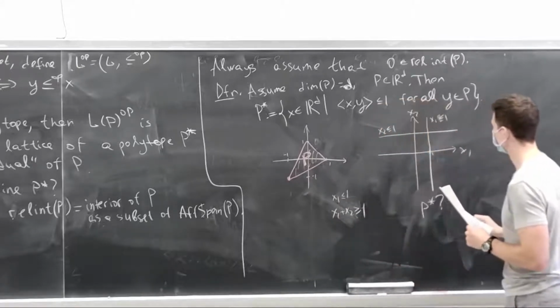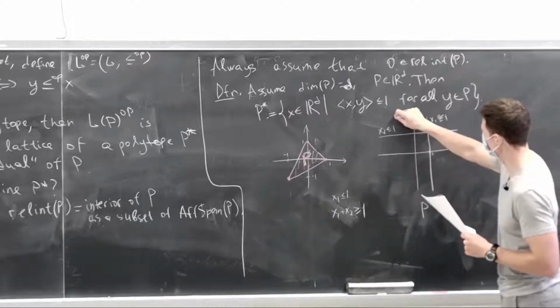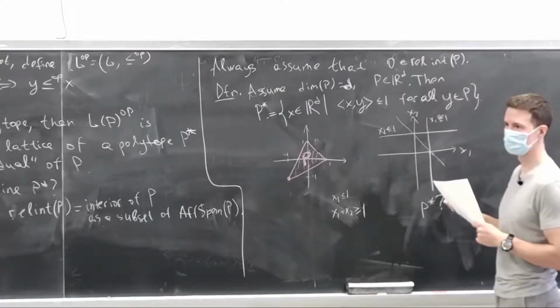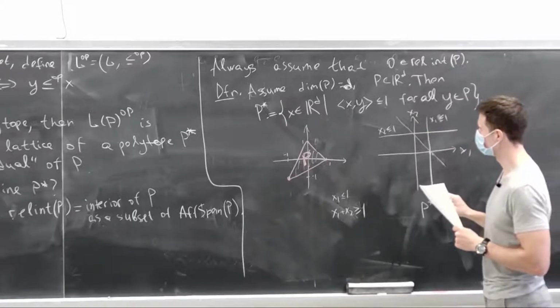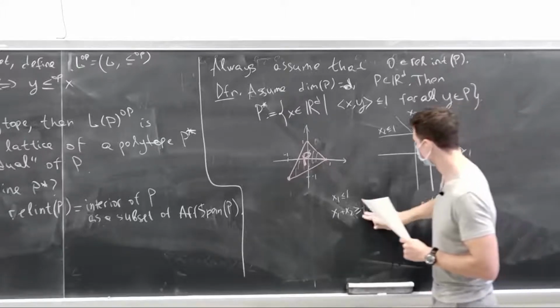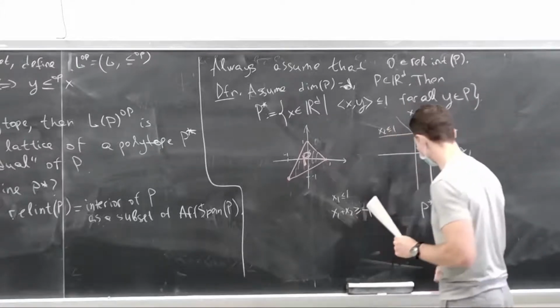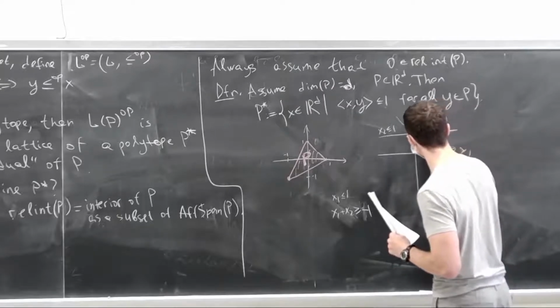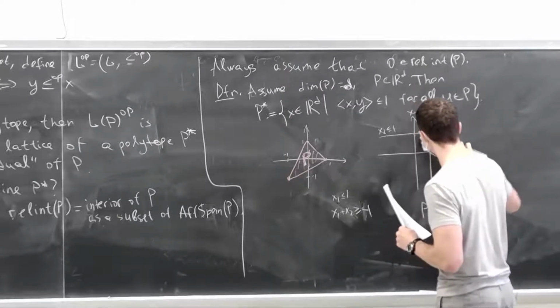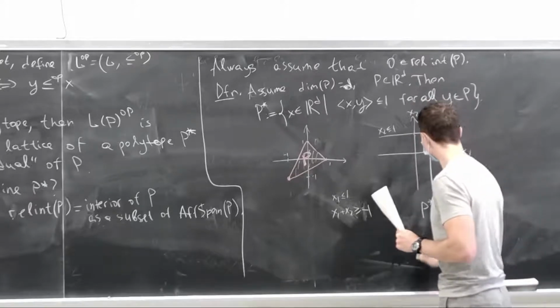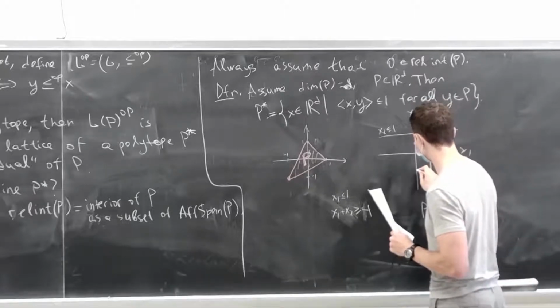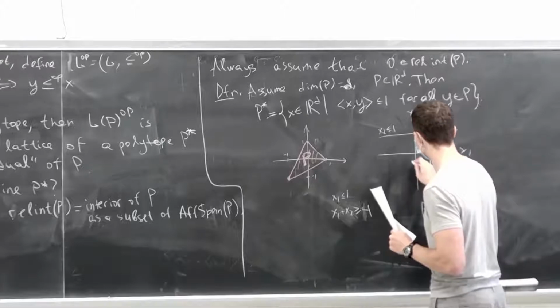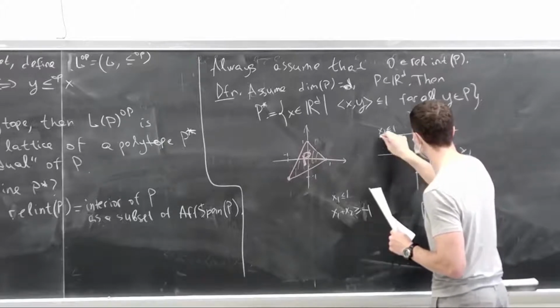x1 plus x2 is greater than or equal to 1. Oh, okay. So you want it to look like this, right? Wait, hold on. Maybe -1. Yeah, that's better. Let me try -1. Because minus x1 minus x2 should be less than or equal to 1. Has to be a -1.